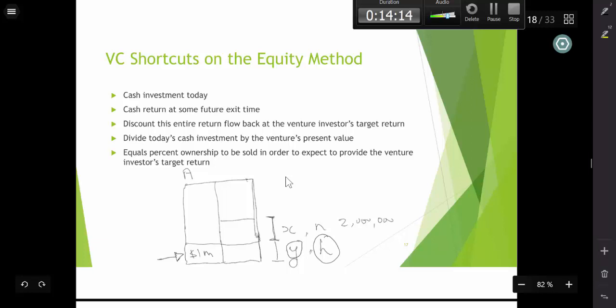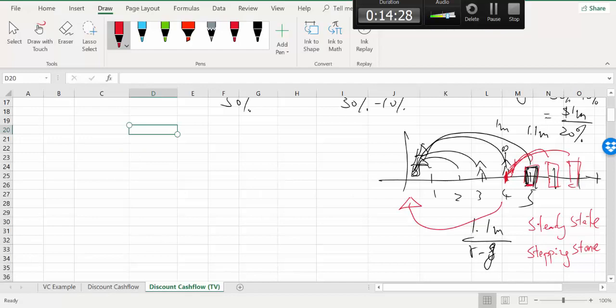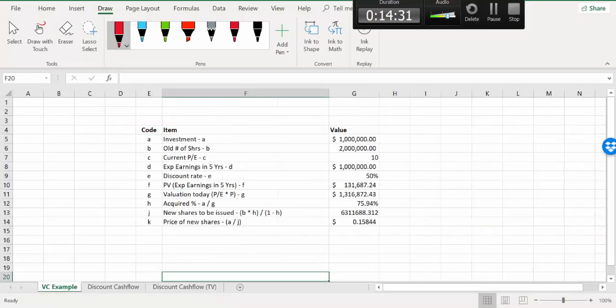Now, the next 10 or 20 minutes is really about doing an exercise to evaluate what these numbers should be. And in fact, the spreadsheet that I have knocked out here, VC example, has a lot of these things with formulas behind them.